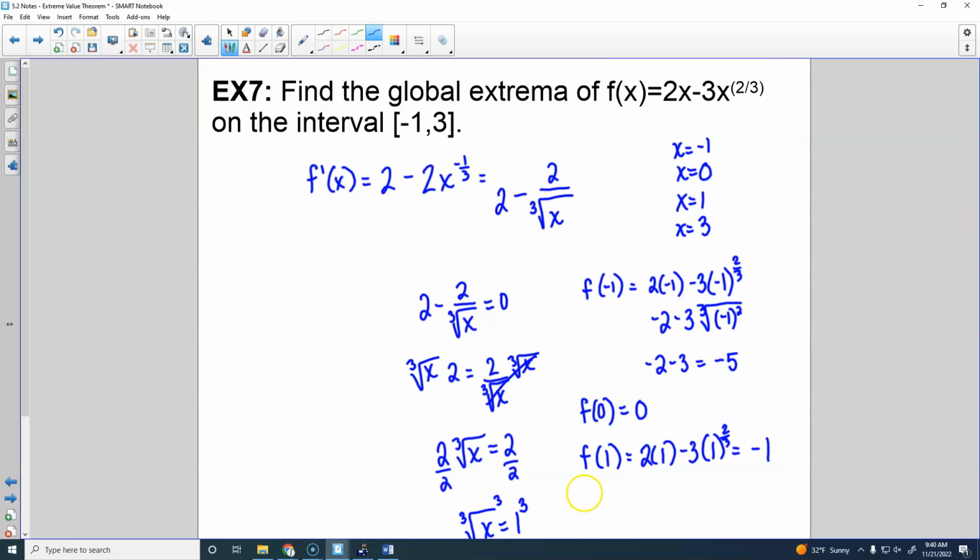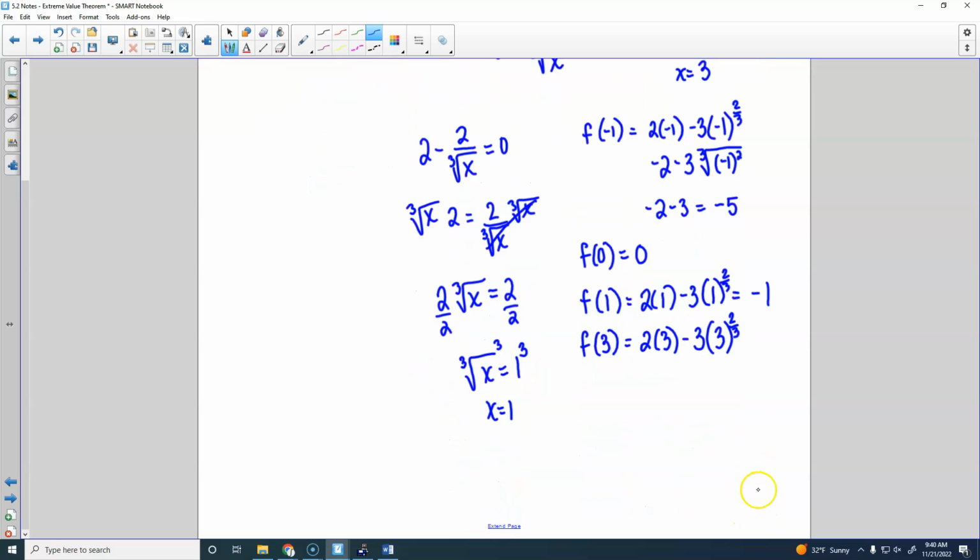And then we've got f of 3. 2 times 3 minus 3 times 3 to the 2/3. So we're going to have 6 minus 3. And this is going to be cube root of 3 squared, which is going to be 6 minus 3 times the cube root of 9.